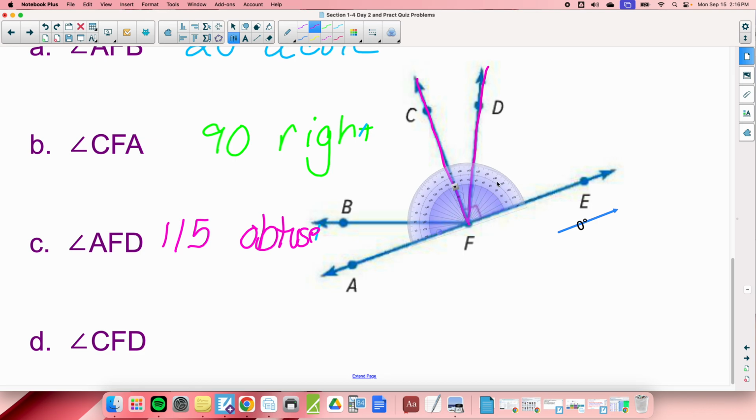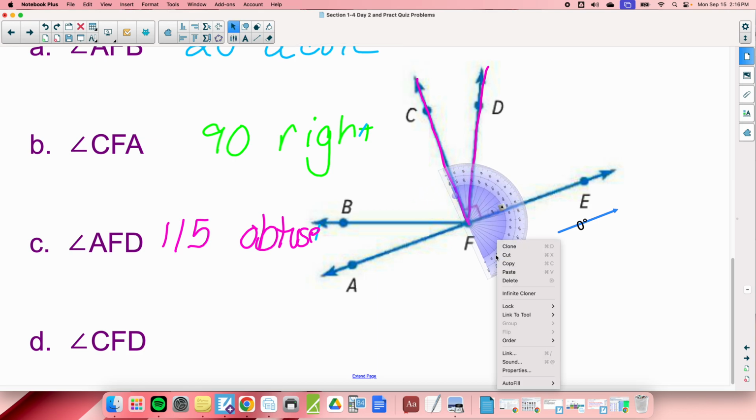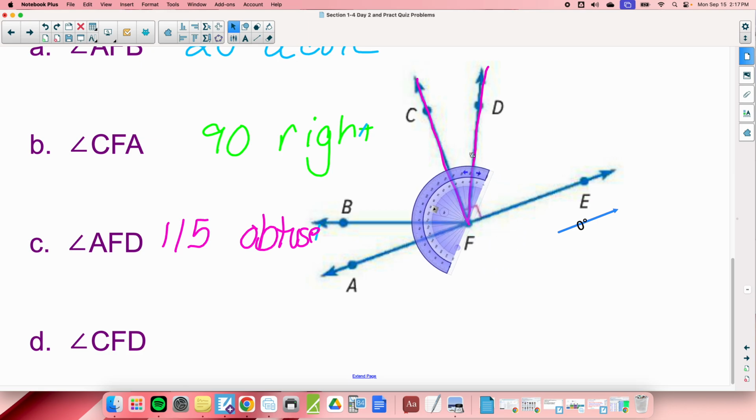So I am going to turn it either so that this lies along this side, or so that this down here lies along this side. And I'm looking for CFD.